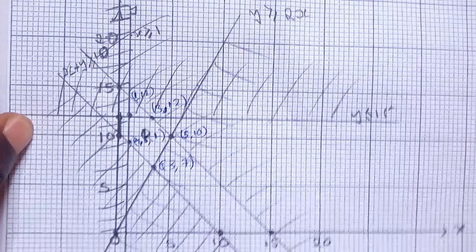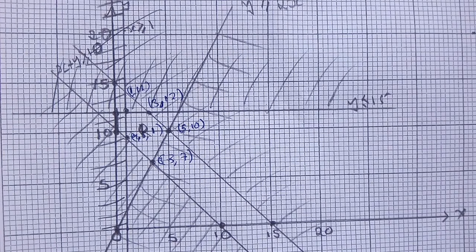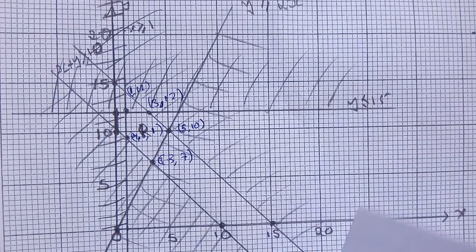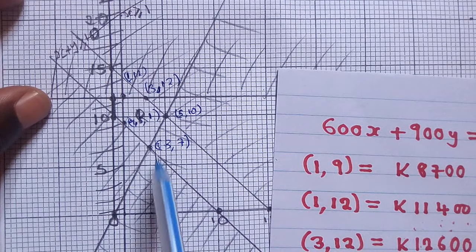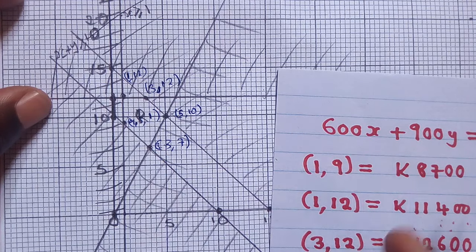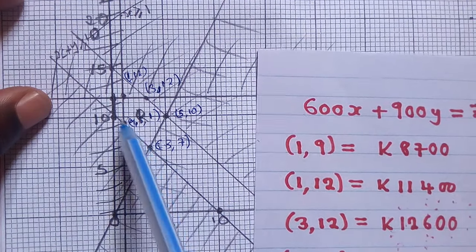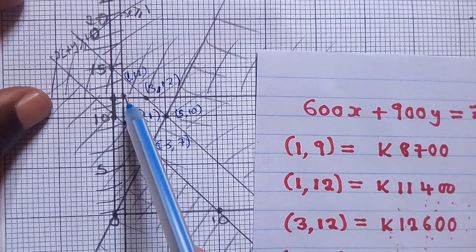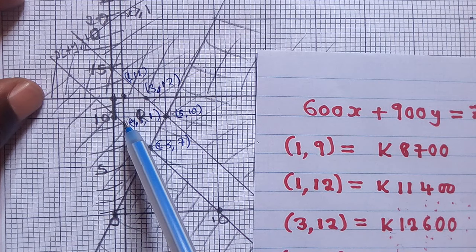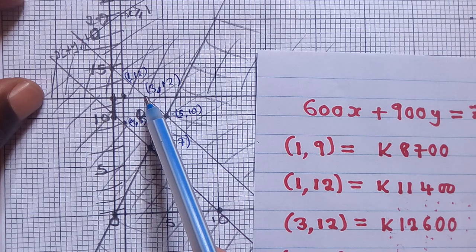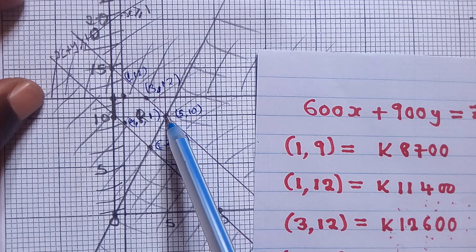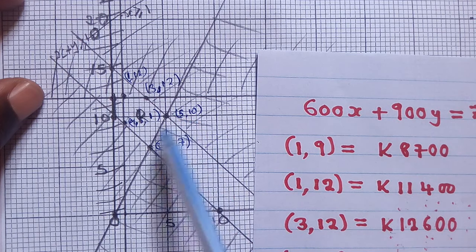So you do a thing like this. You get the coordinates. I'll pretend these are the coordinates. We have, let's say here, 1, 9, and then here 1, 12, 3, 12, and what else, 5, 10.